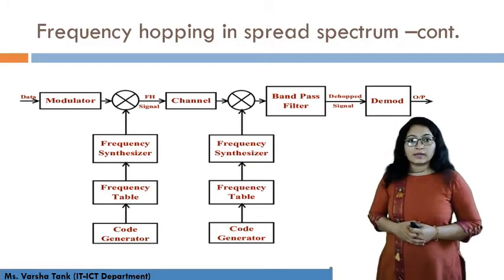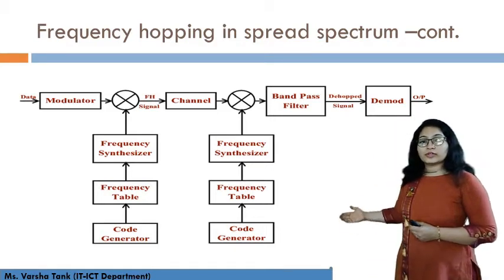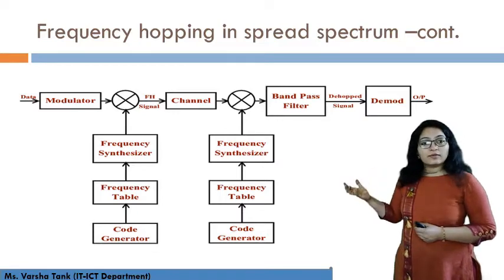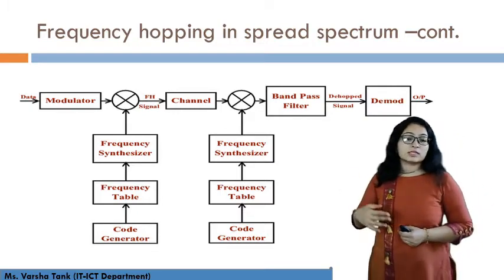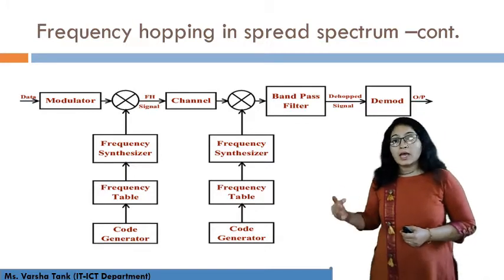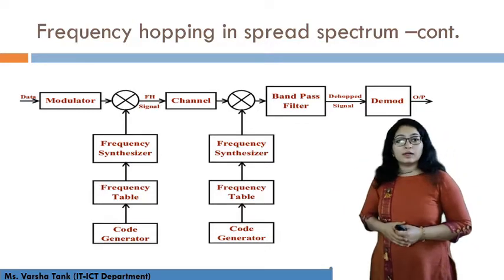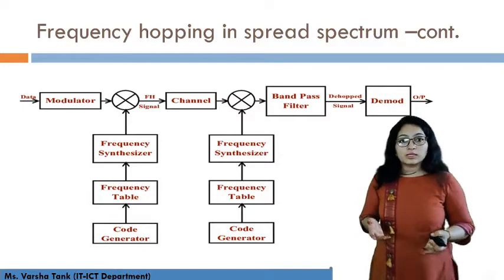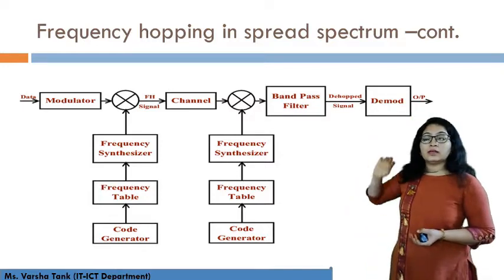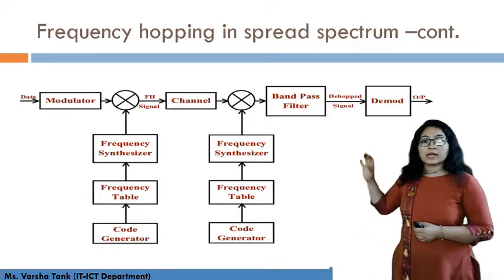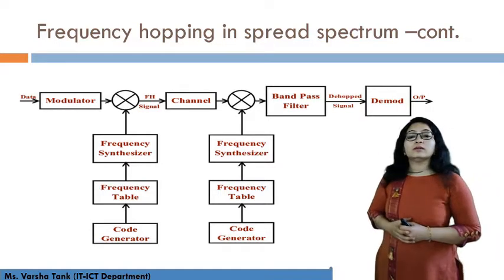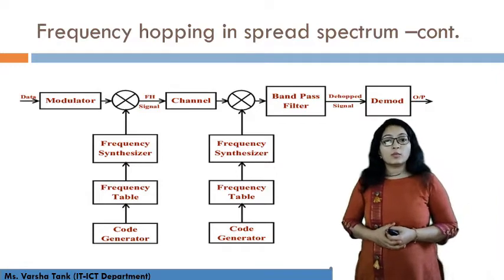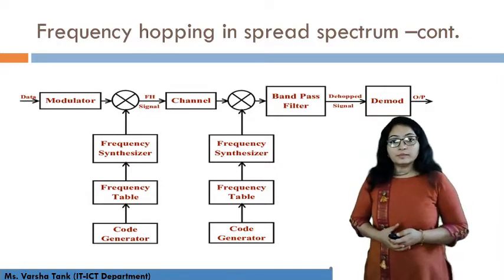At the receiver side, the code generator is used and the frequency table is used again. Through this frequency table, the frequency synthesizer will decode the signals, and we can use a bandpass filter to remove the noise. The signals will be demodulated at the receiver side, and that will be the output. This process is followed when we consider frequency hopping spread spectrum.